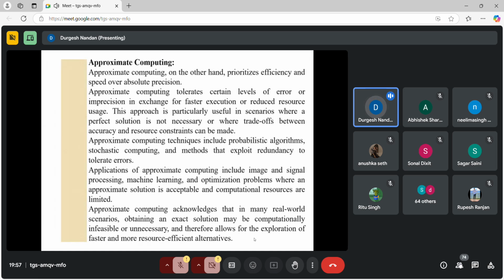I give you one real-time example. It is not an exact example of approximate or exact computing, but you can understand from it. There is a mobile manufactured by the Apple company and a mobile manufactured by Redmi or some local company. The brand name is not important here, but from the brand name you can visualize the performance.